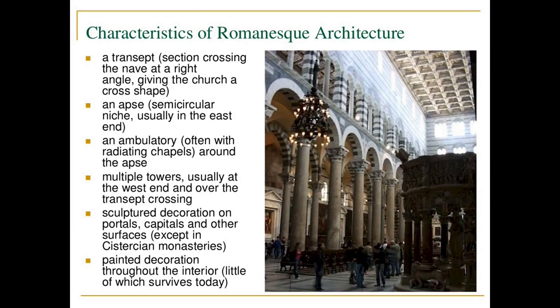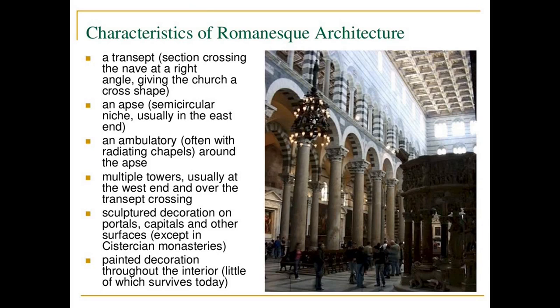Then we'll see some painting decorations throughout the interior, but comparatively, we will see a smaller amount of it. Then a transept is a section crossing the nave at a right angle, giving the church a cross shape. So it is a usual element.